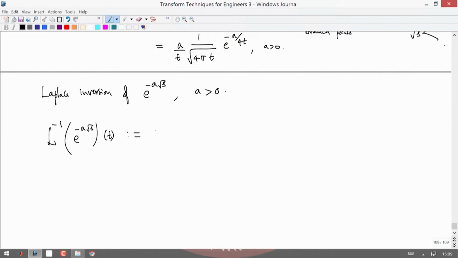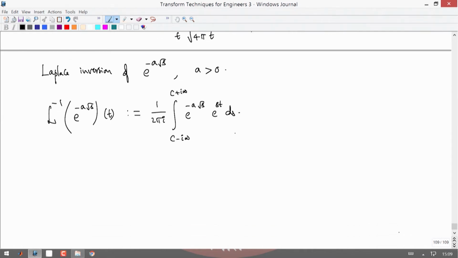By definition this is 1/(2πi) times the integral from c − i∞ to c + i∞ of e^(−a√s) e^(st) ds. This is the integral you have to evaluate. If the exponent is positive a, then you have to leave this integral as such; formally this is the solution as a function of t.